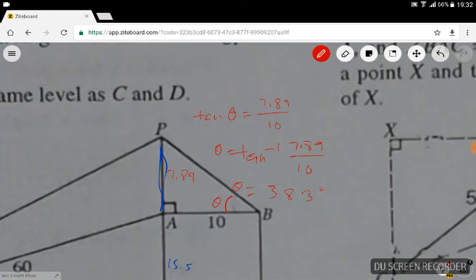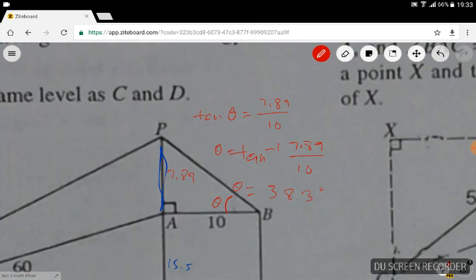Okay? Any question on this? Can you see? Is it glaring? Has your teacher gone through this part? The tangent inverse part? Haven't. Okay. So learning something new.